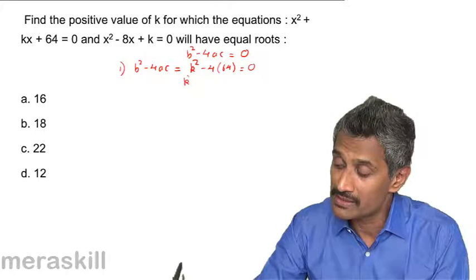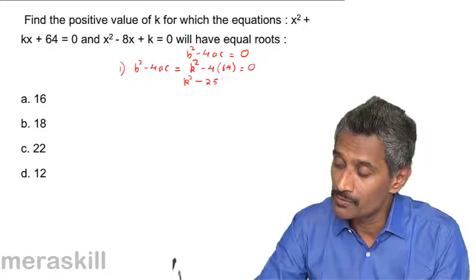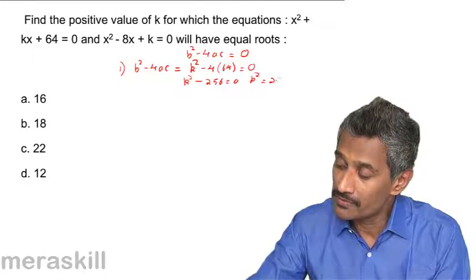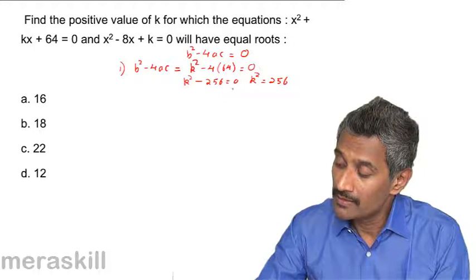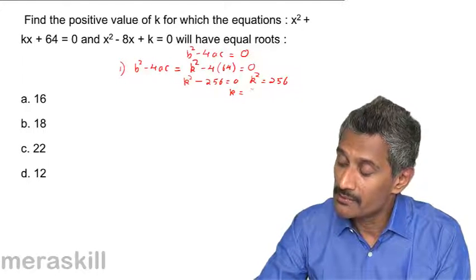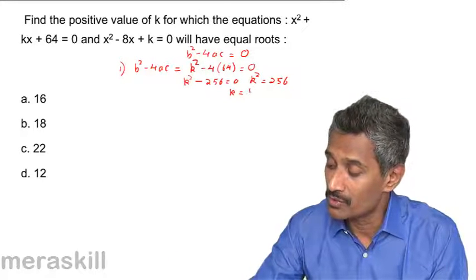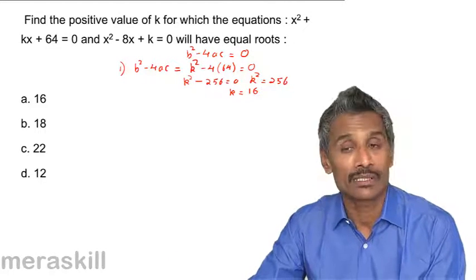That's the same as k squared minus 256 is 0. k squared is 256. Therefore, k is plus or minus 16, but we consider only the positive value.